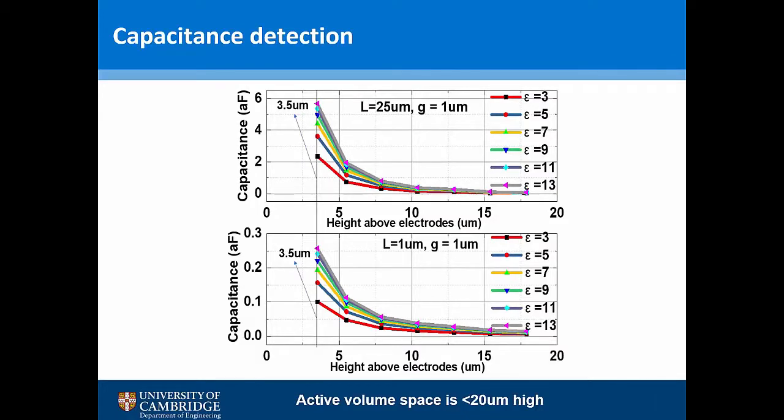But this system is a bit complex in that there is an interrelationship between the gap, the finger size, and the height above the electrodes, and we will see as I go on how these interrelate.